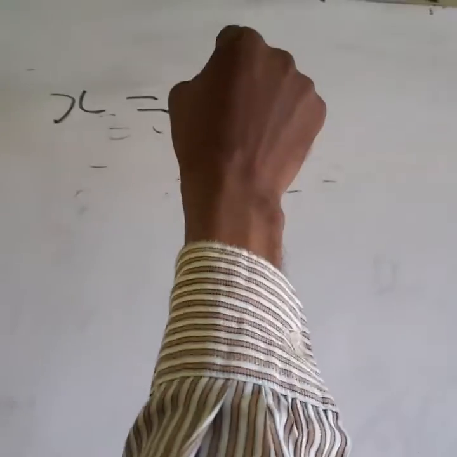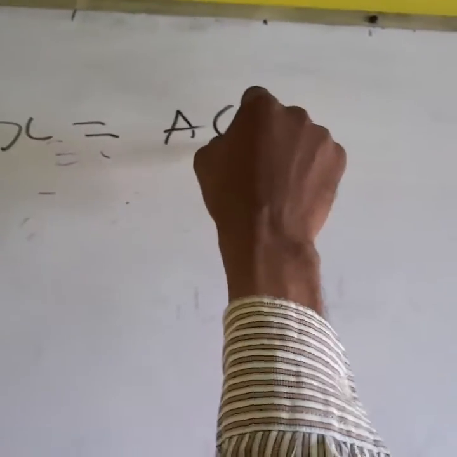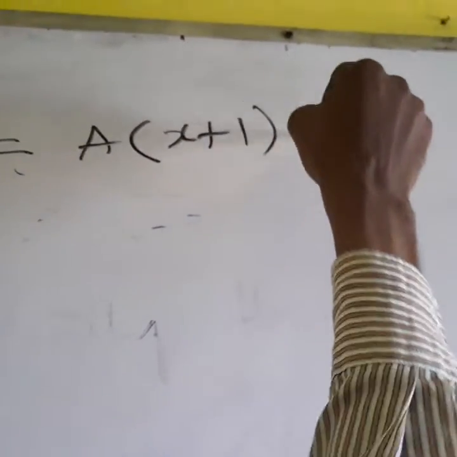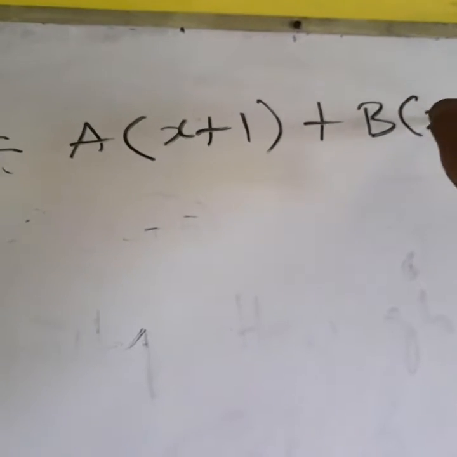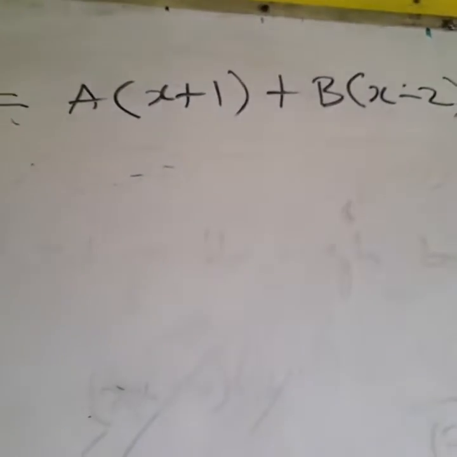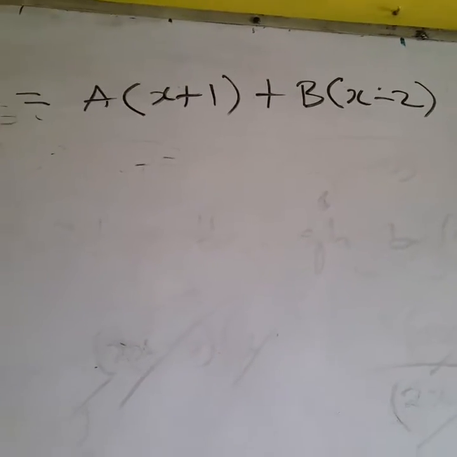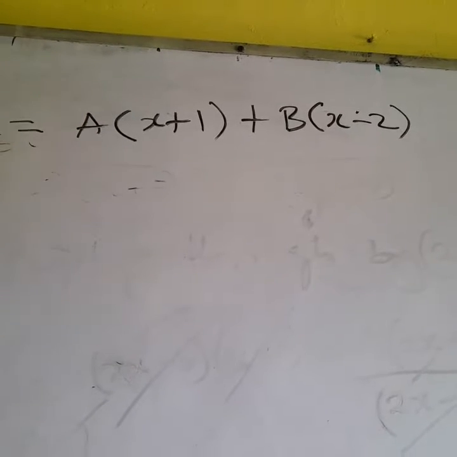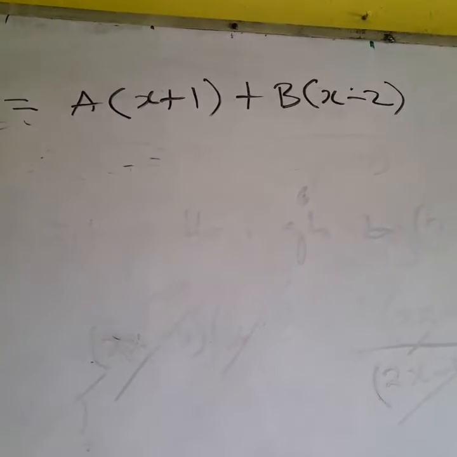So here we'll continue. x is equal to a into x plus 1 plus b into x minus 2. We must eliminate one of them. If we want to cover this one, we'll find this one. We will have to cover one of them using the cover up method.